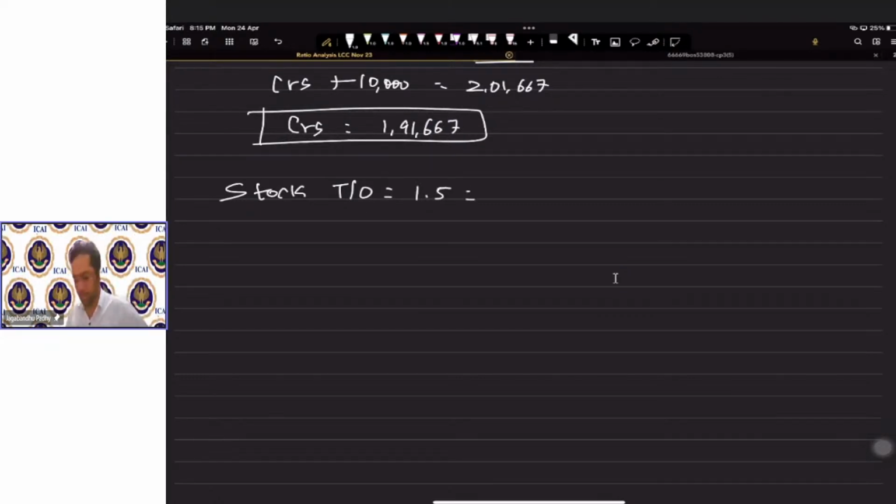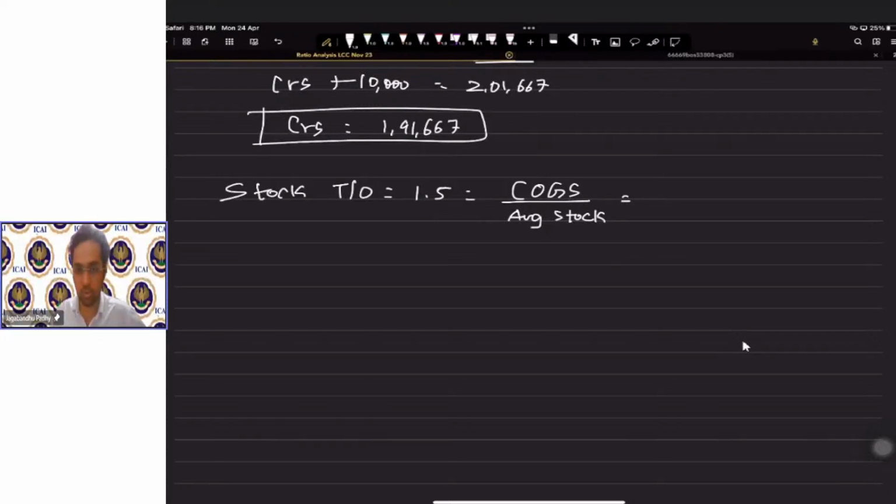Now that 1.5 is actually, for stock turnover, we use COGS divided by average stock, and COGS we have computed already.